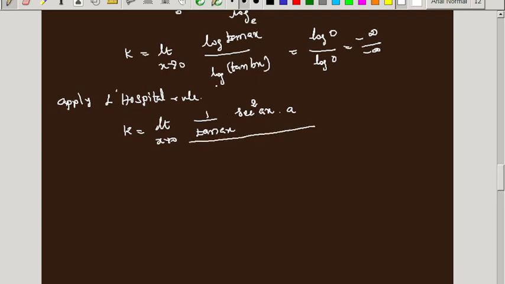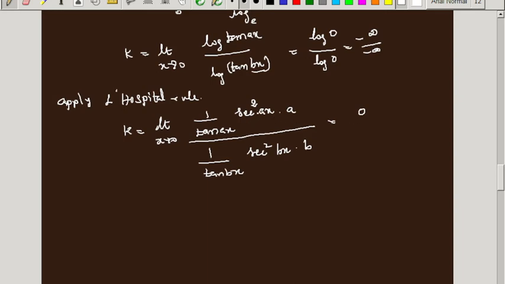Dividing by differentiation of log is 1 dividing by tan bx, then differentiation of tan is secant square bx into differentiation of bx, which is b.